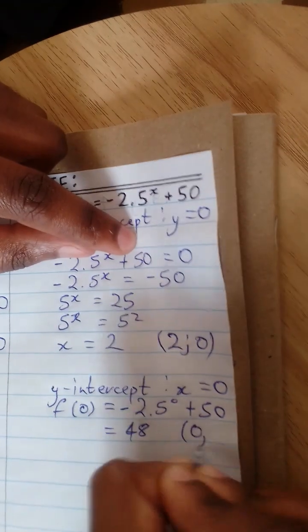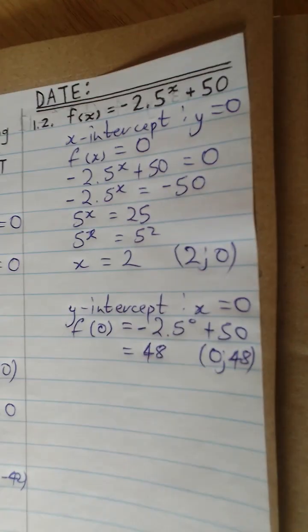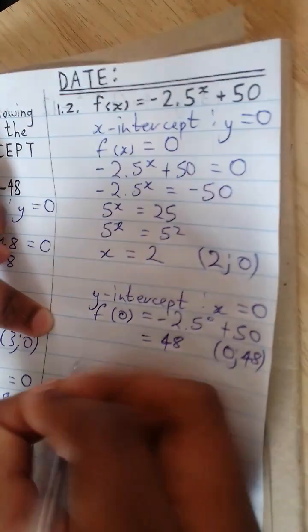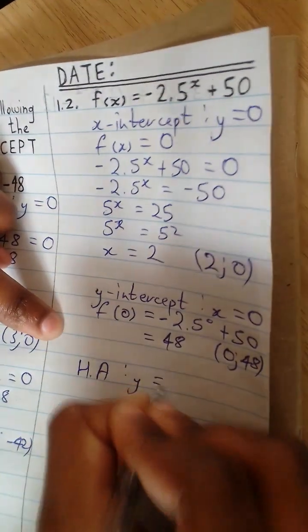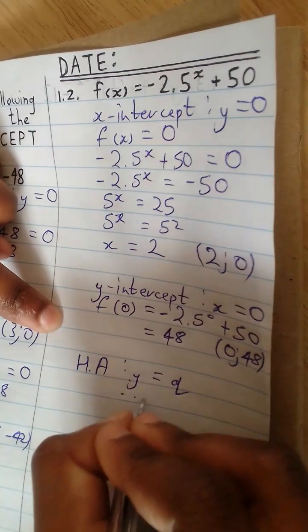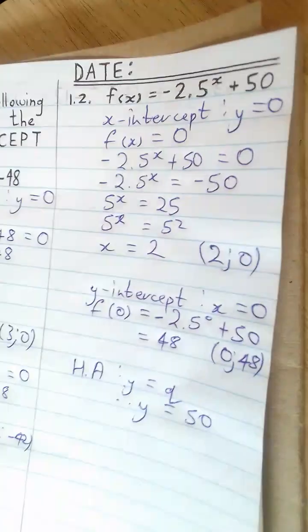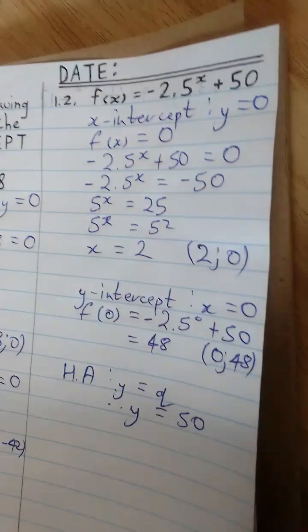So x is 0 and y is 48. Horizontal asymptote, y is q. So y equals q, which is 50. So the asymptote is y is 50. Alright.